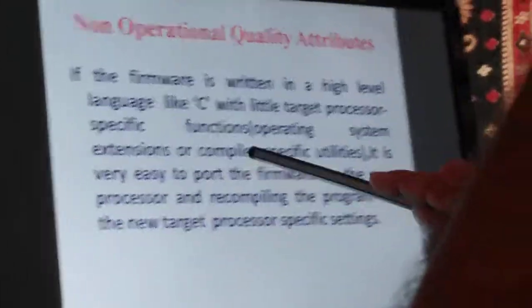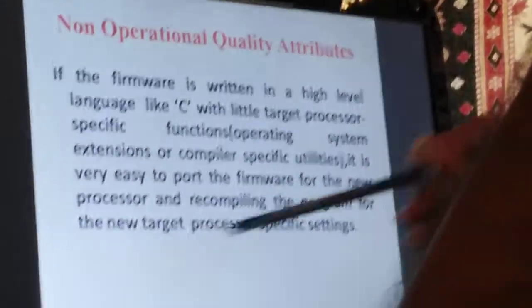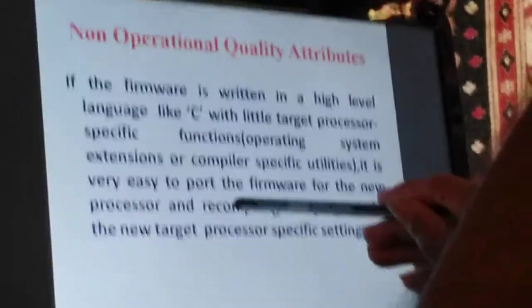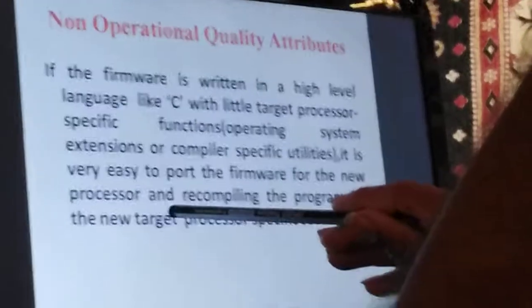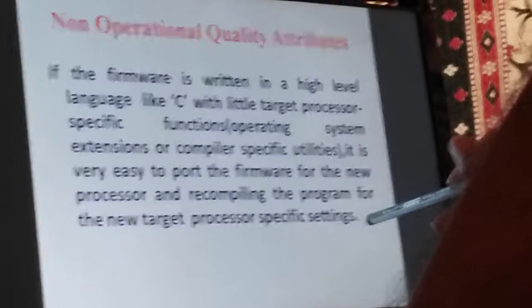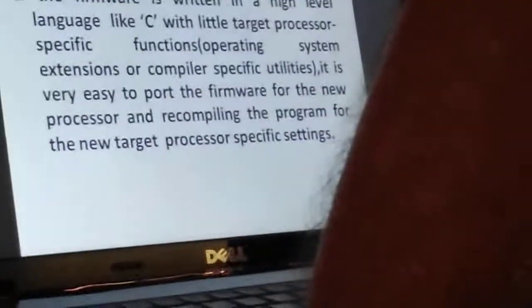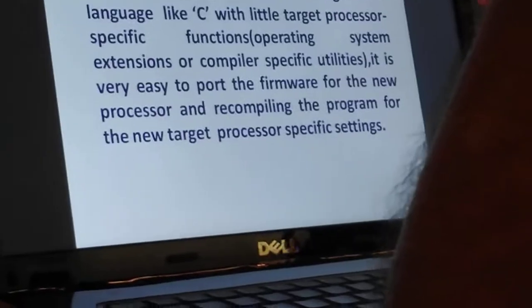Operating system extensions or compiler specific utilities are used with little target processor specific functions. Most of the time, we'll change the header files and do that.